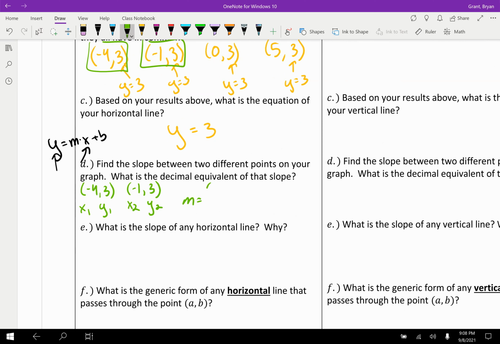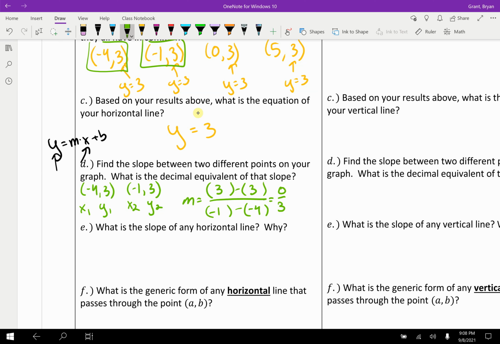Let's find that slope, right? 2 sets of parentheses like so. We have y2 minus y1 over x2 minus x1. 3 minus 3 is 0. Negative 1, this turns into a plus 4, is 3. I get the slope that has a rise of up 0 and a run of over 3.